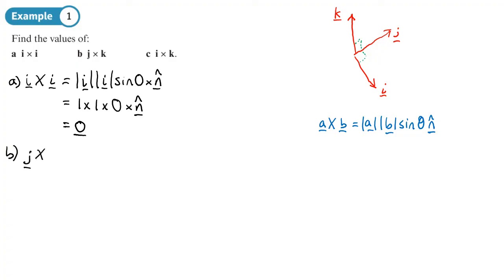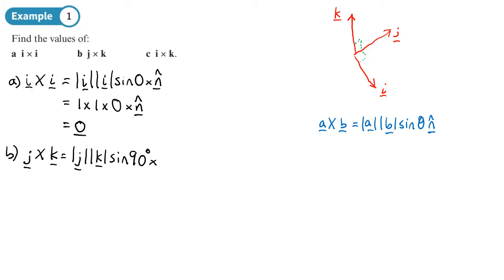Okay, part B. J cross K. It's going to be the length of J times the length of K times the sine of the angle between them. I can see from my diagram that J and K are perpendicular, so their angle is 90 degrees, times the vector which is perpendicular to both.